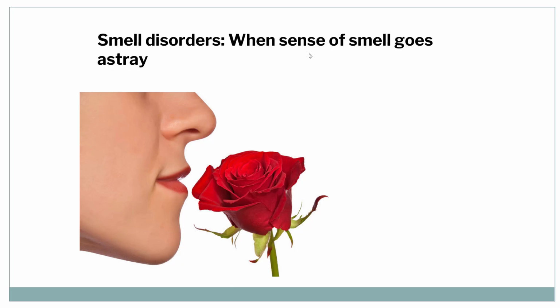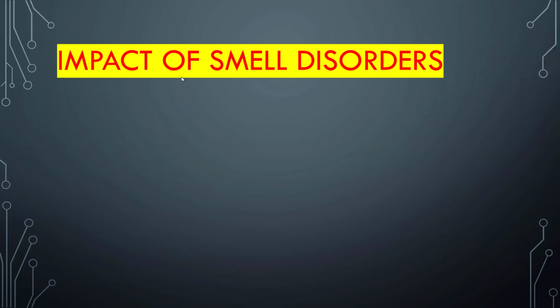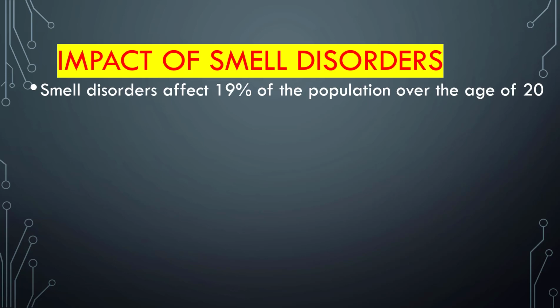Smell disorder. When the sense of smell goes astray. Impact of smell disorder. Smell disorder affects 19% of the population over the age of 20 and 25% of the population over 53.